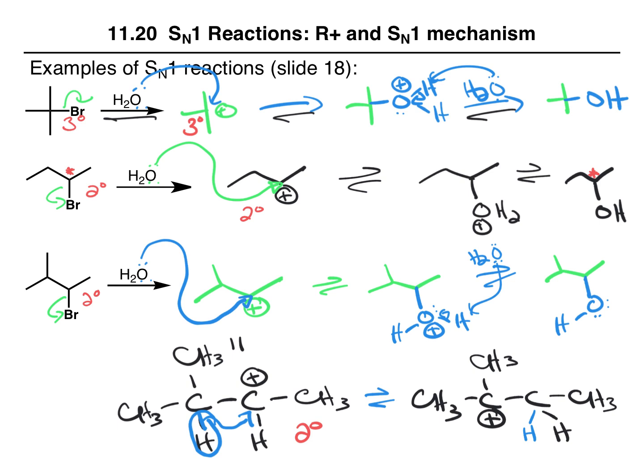So we have gone through a hydride rearrangement, going from a secondary carbocation to a tertiary carbocation. Now from here, water can add at this position and it will give the tertiary protonated alcohol, and then proton transfer will lead to the formation of the other alcohol that we saw on slide 18. So carbocation rearrangements give us evidence that carbocations are part of the reaction mechanism.